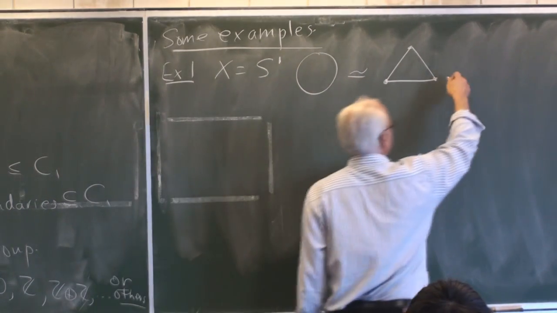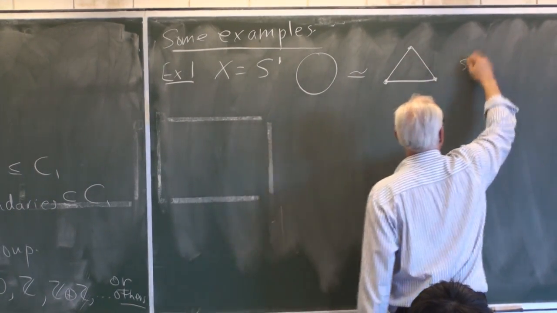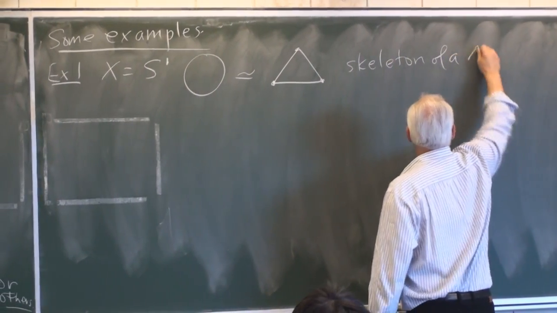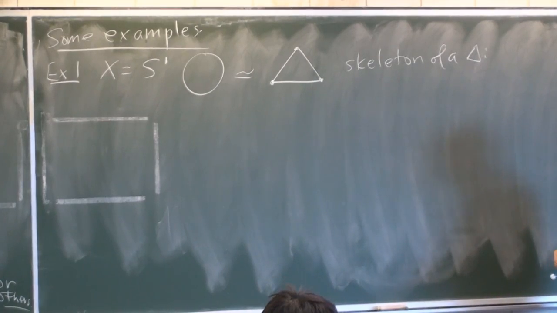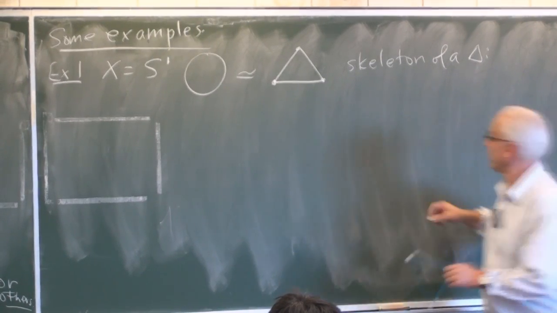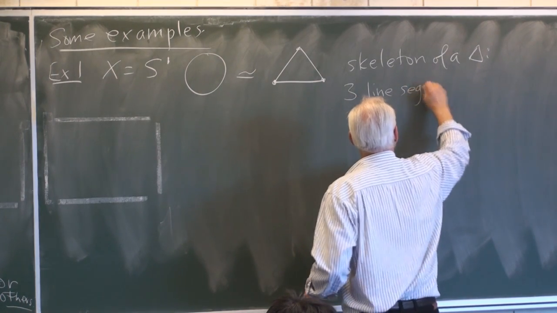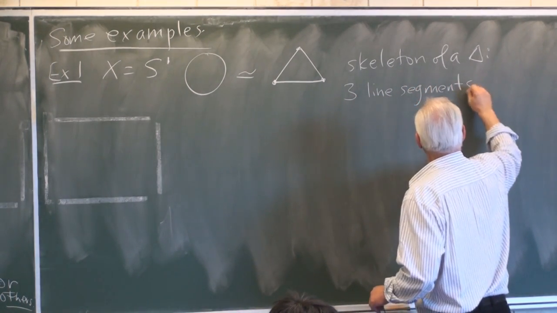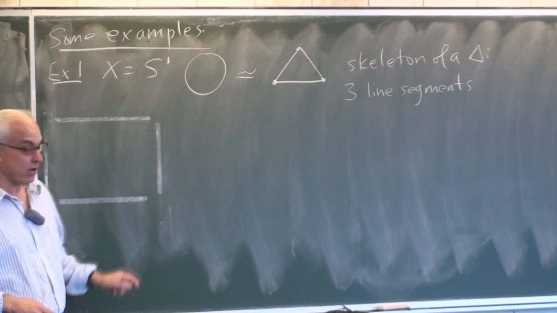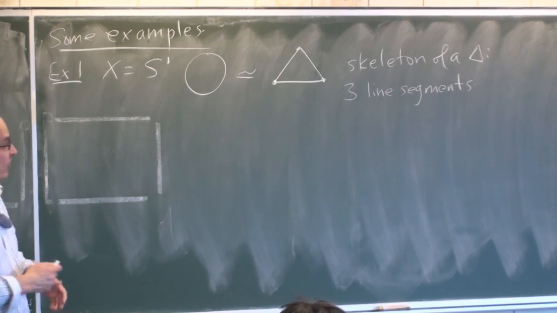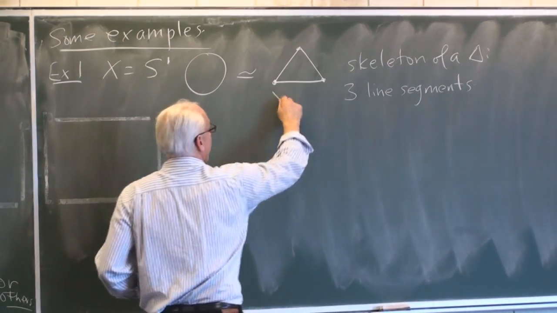So we just want a kind of skeleton of a triangle. In other words, we really want 3 line segments. All right, so our triangle is made up of 3 line segments. And in terms of simplices, let's give them some labels so we can talk about them.